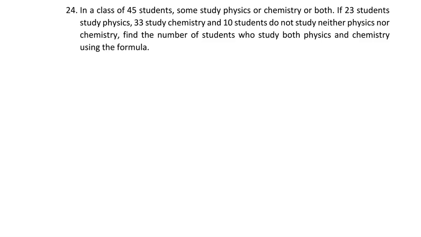Okay, so this is a set problem. Let us consider the following general formula, which says number of A union B equals number of A plus number of B minus number of A intersection B.